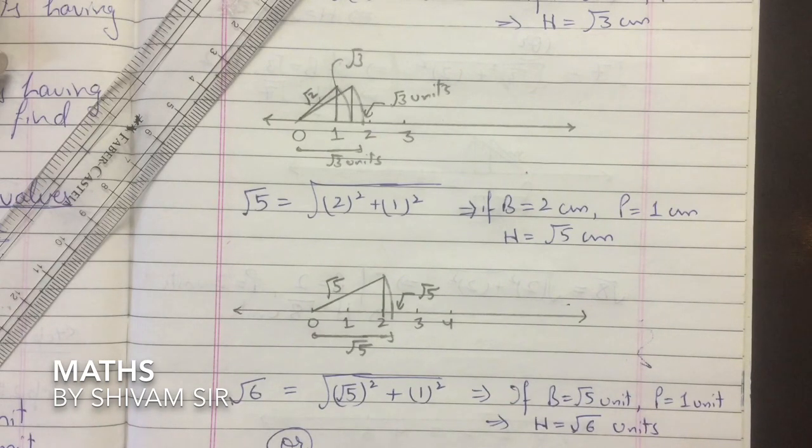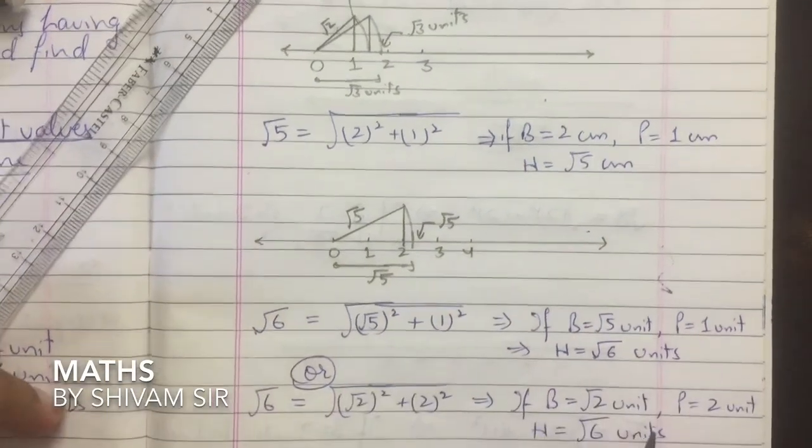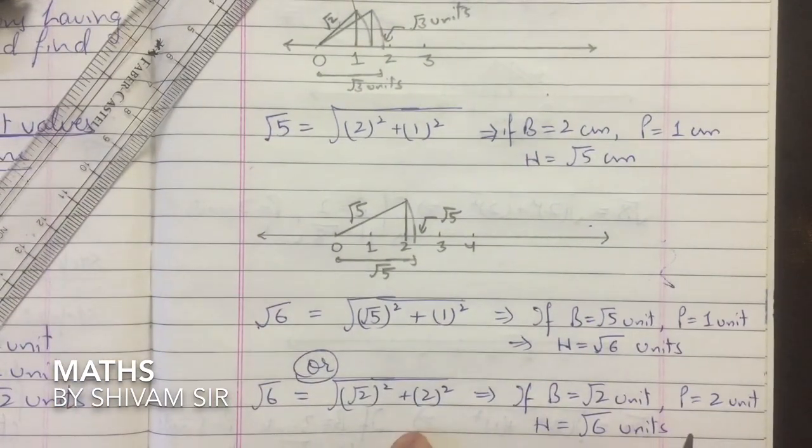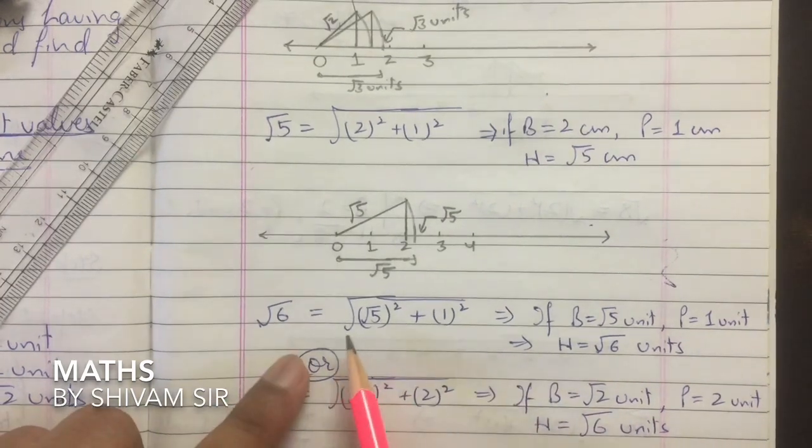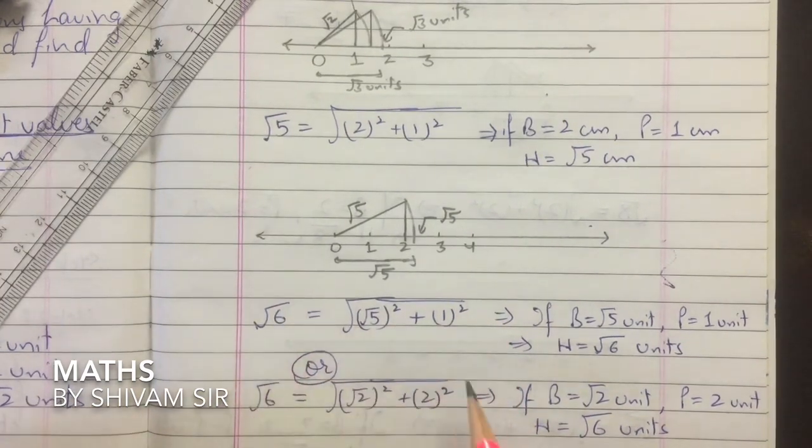Here we can draw root 6 using another way also. We can break it as root of root 2 square plus 2 square. So root 2 square is 2 and 2 square is 4. So 4 plus 2 is again root 6. So if we take base as root 2 units and perpendicular as 2 units, so hypotenuse will be of root 6 units. So let's draw root 6 using this root 5.